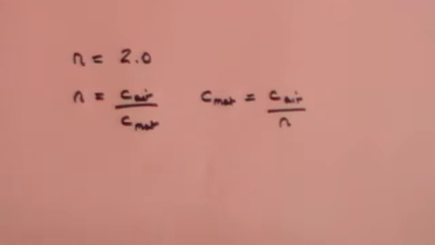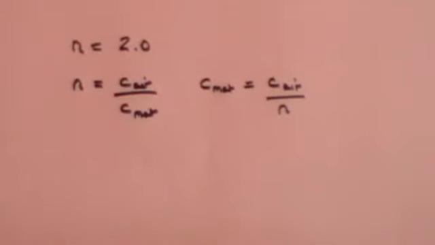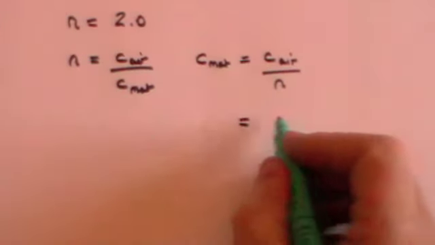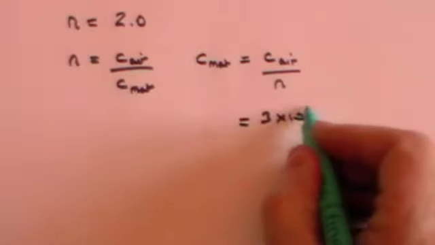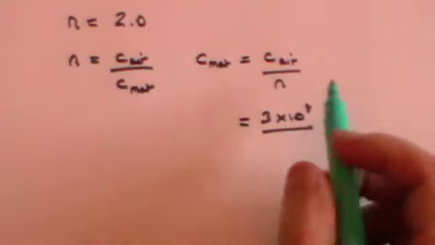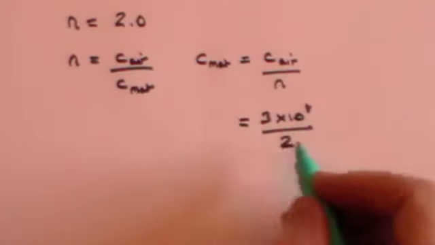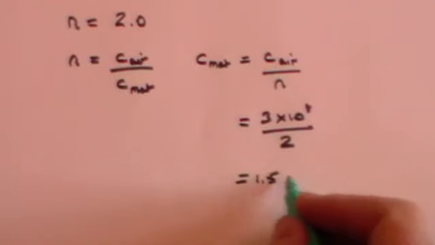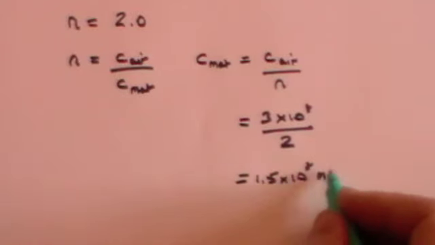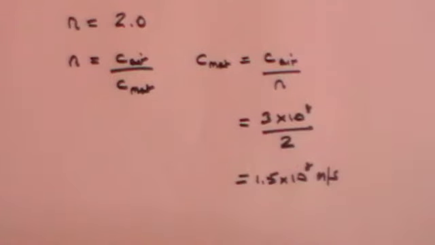It's just manipulating that formula, and that's going to equal the speed of light in air, which is 3 times 10 to the 8 meters per second, divided by N, which you were told was 2, so that's quite simply 1.5 times 10 to the 8 meters per second. So the speed of light in this material is half what it would have been in air.